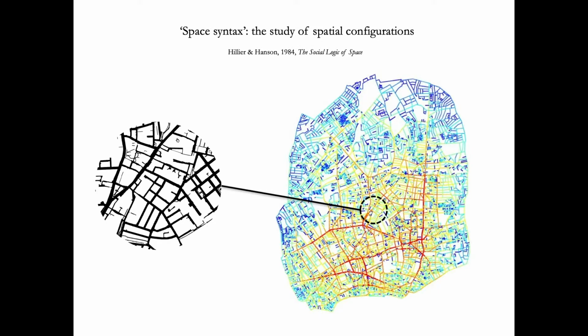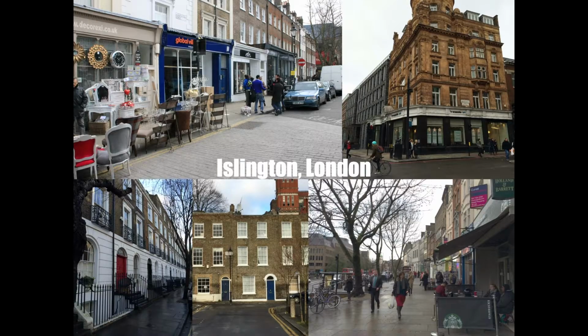So in this kind of map and visualization, which is produced by a specific software, the warmer the color, the higher the chance, or the probability, that someone will use this street as part of a passing through route or a destination, according to which measure you are using in order to analyze the network. So that's what I've used as a basis for analyzing Islington and the West Village.